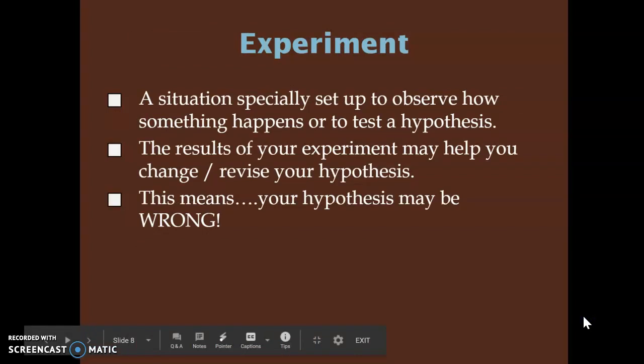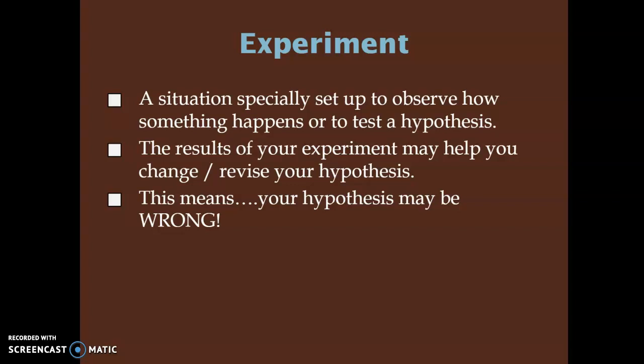So in order to explore the relationship between our independent variable and our dependent variable, we need to devise an experiment. An experiment is a situation that is deliberately set up in order to isolate our independent and dependent variables to really see if they are related to one another, and if so, how.